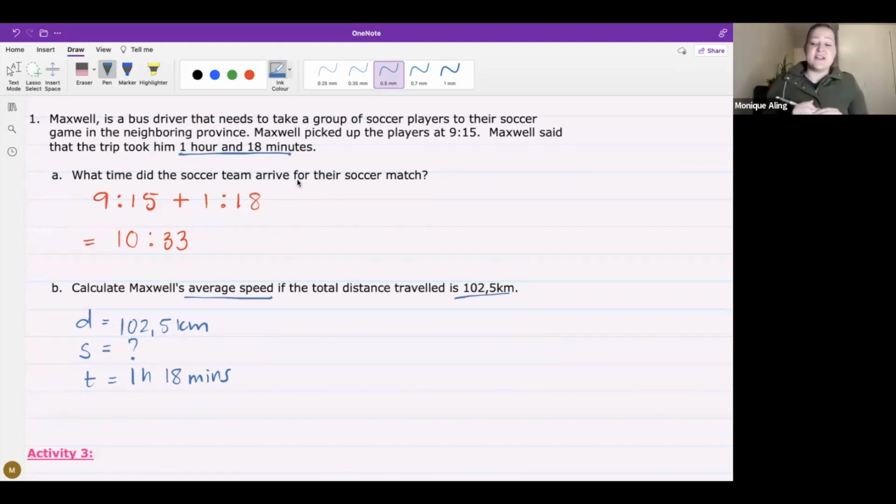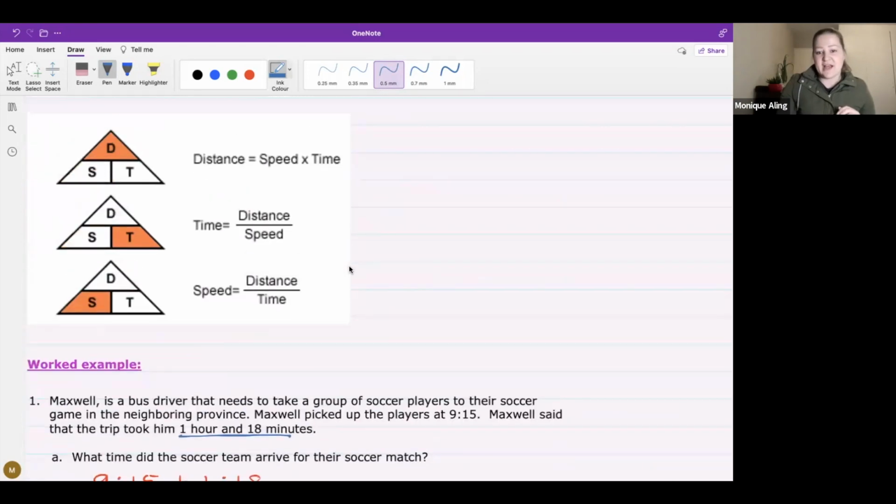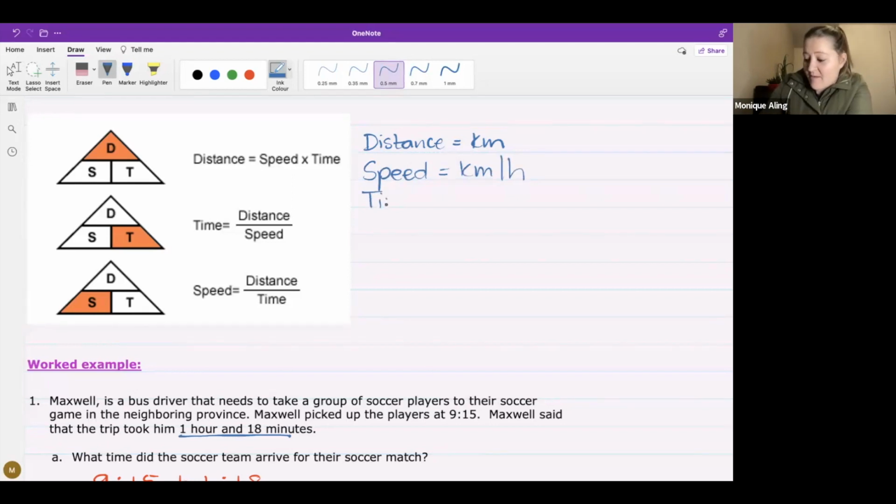Okay, so an important thing to remember with speed, distance, and time, I'm going to actually write it up here. When we're working with these calculations, our distance always needs to be in kilometers. So if it's given to us in meters or centimeters, it needs to be converted back to kilometers. Speed is measured in kilometers per hour, and our time needs to be in hours only.